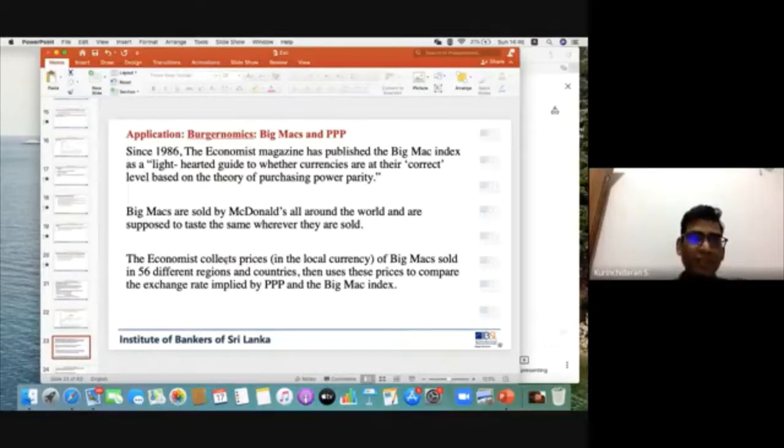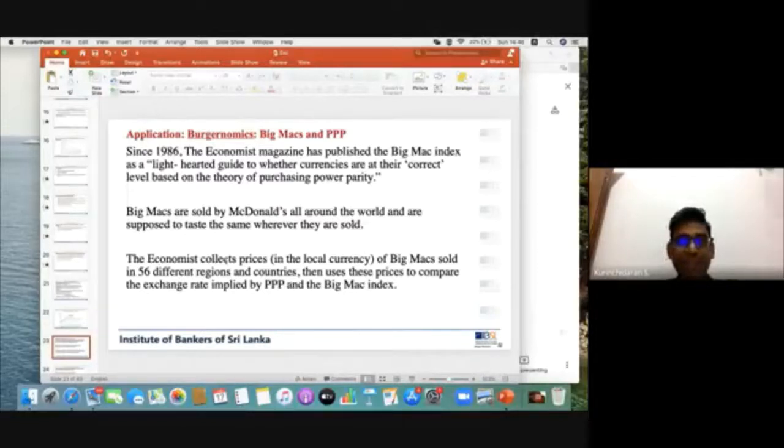Okay, now this kind of application, just an example to give you: Big Macs and purchasing power parity, right? Now we saw that you apply the law of one price and see the exchange rate through purchasing power parity.